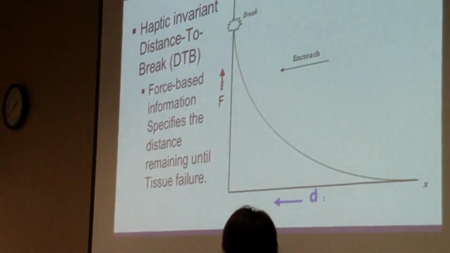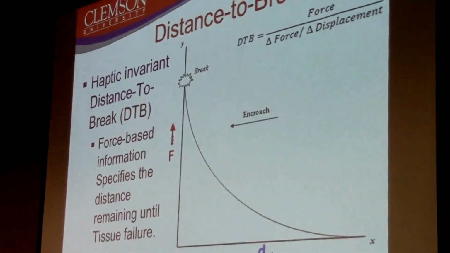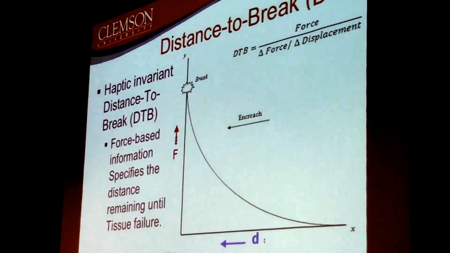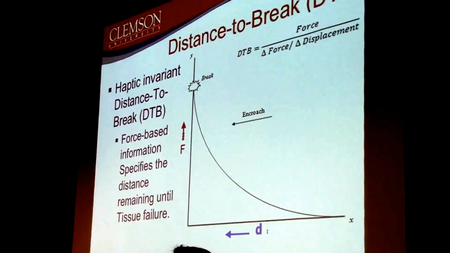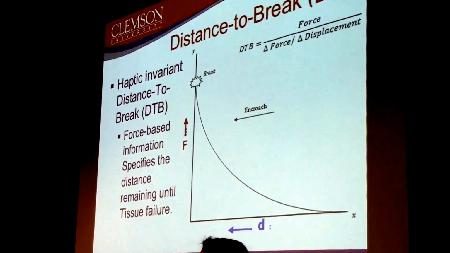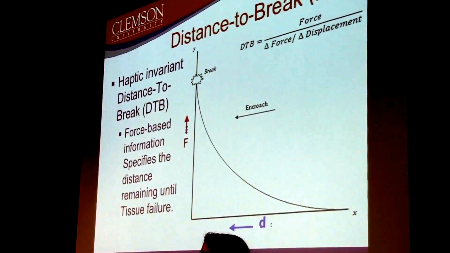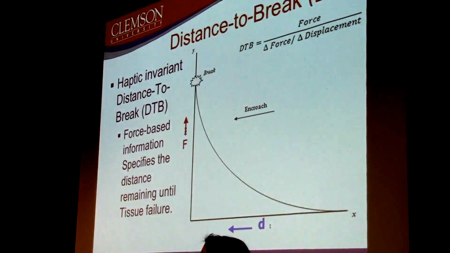So distance to break is just as the distance or the displacement into the tissue increases, that force will also increase until it hits a point where further force being applied will cause the tissue to fail.